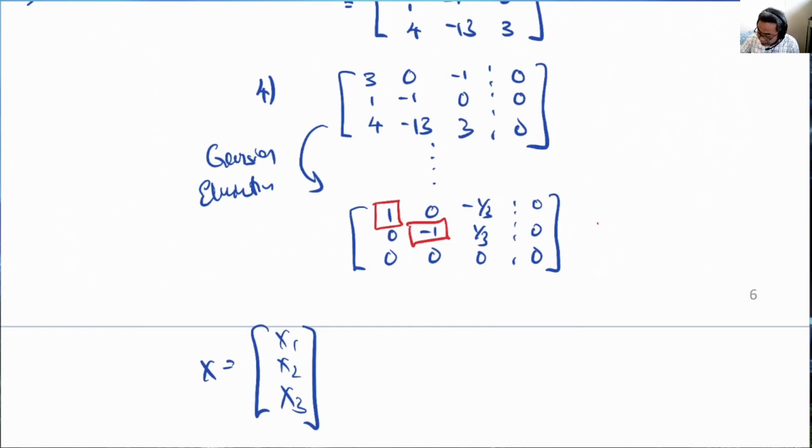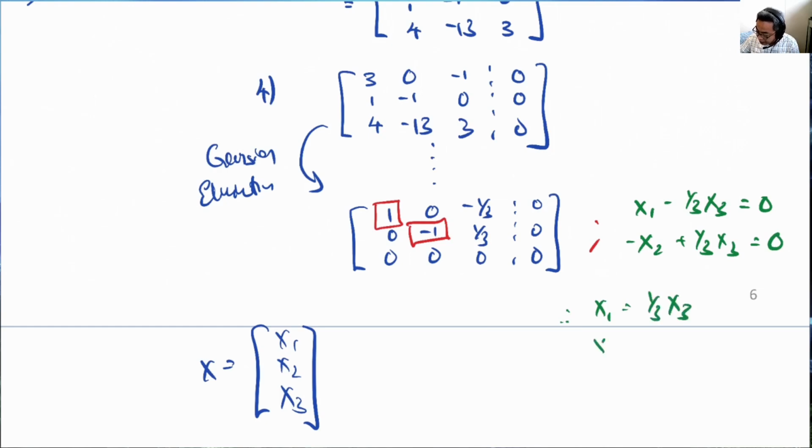We'll write the equations now. We'll have x1 minus 1 third x3 equals 0, minus x2 plus 1 third x3 equals 0. Therefore, x1 is equal to 1 third x3, x2 equals 1 third x3 as well.